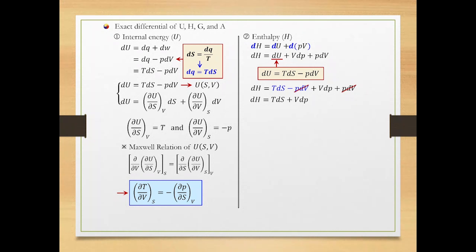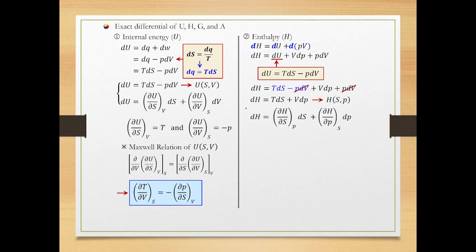Take note of dS and dP in the equation. This implies that enthalpy H is a function of entropy and pressure. Now, pause the video and write the total differential of the enthalpy that has variables of entropy and pressure. It should be this one.